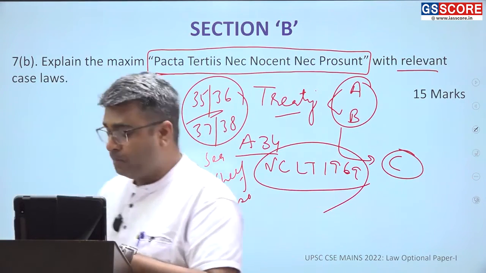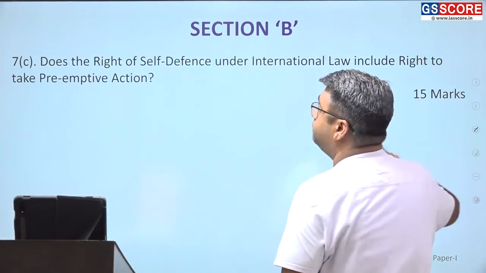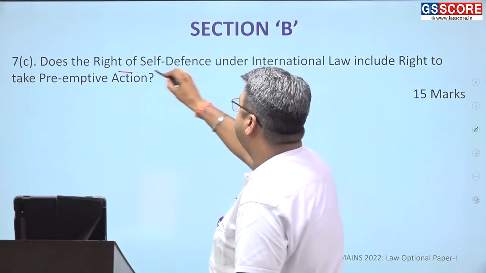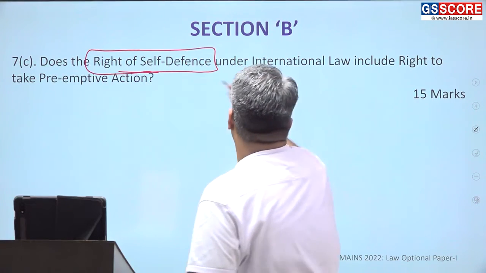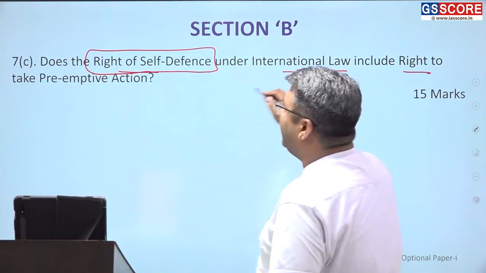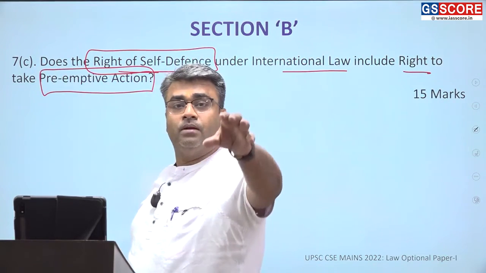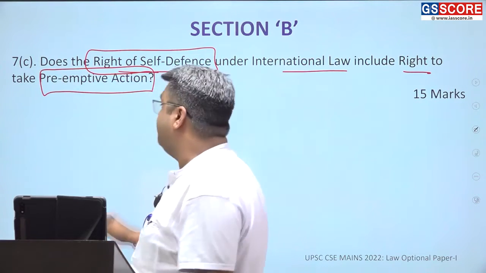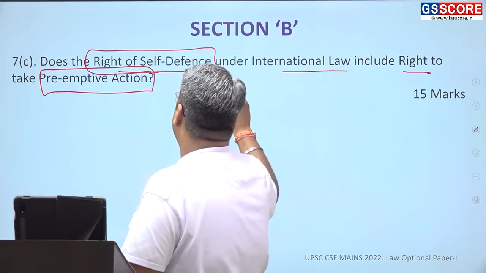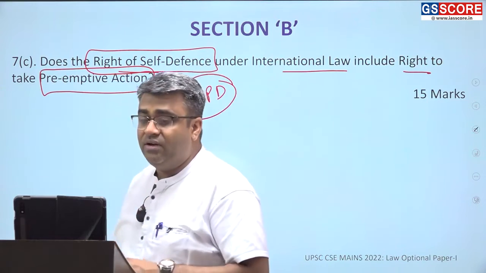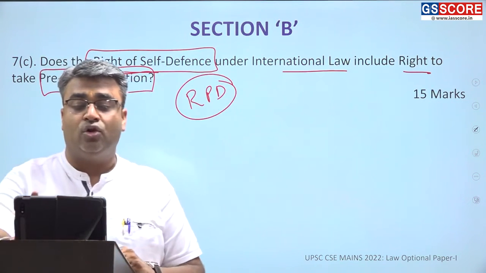Then comes the right of self-defense under international law and the right to preemptive action. Once again, play smartly. The same kind of right of private defense you have in the IPC, the same kind of right of self-defense has been given in international law.